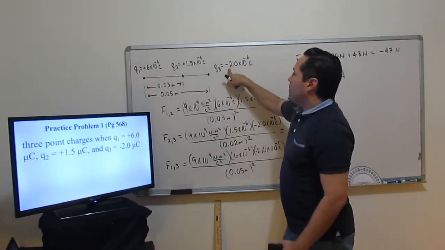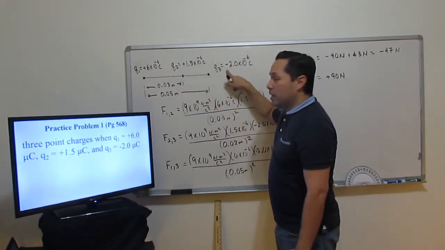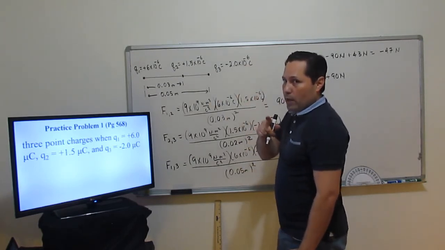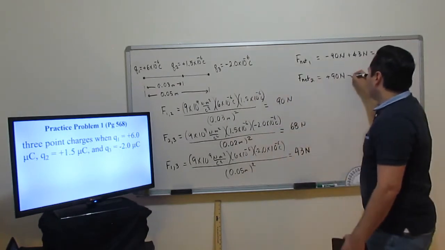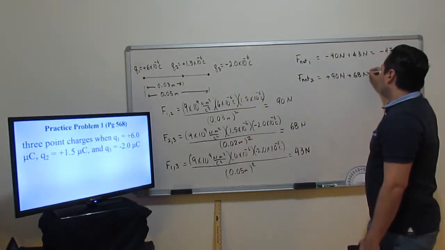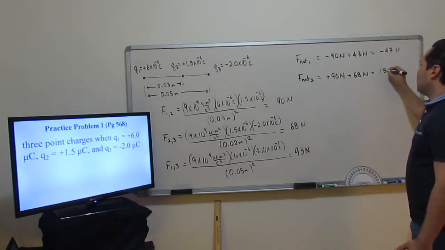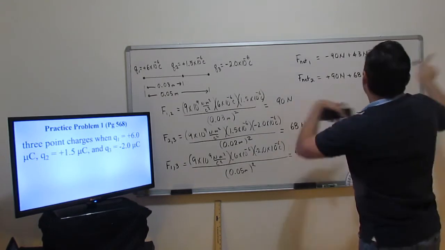And notice between 2 and 3 they're opposite charges, positive and negative. That means it's also attractive to the right, and to the right is positive. So between 2 and 3, the force is plus 68 newtons to the right. So 90 plus 68 will give you 158 newtons positive. That means that Q2 is going to the right.